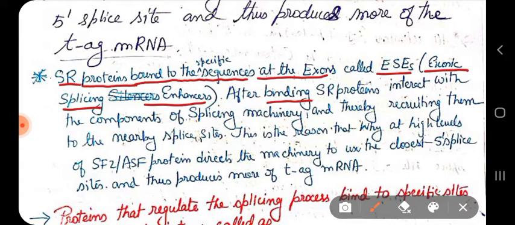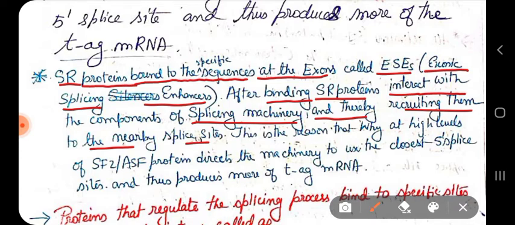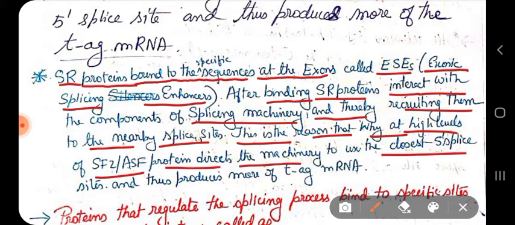After binding, these SR proteins interact with the splicing machinery, thereby recruiting it to the nearby splice sites. This is the reason why a high level of SF2 ASF protein directs the machinery to use the closest 5' splice site and also produce more of the small T antigen mRNA.